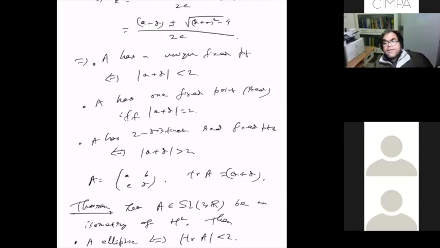All right. So this tells you that the algebra of the conjugacy invariance of the isometry directly corresponds to the way they behave on the hyperbolic plane.